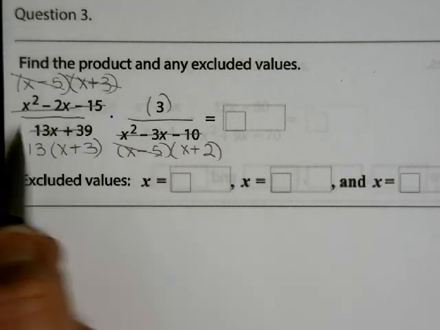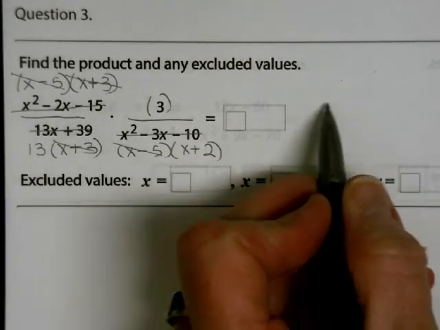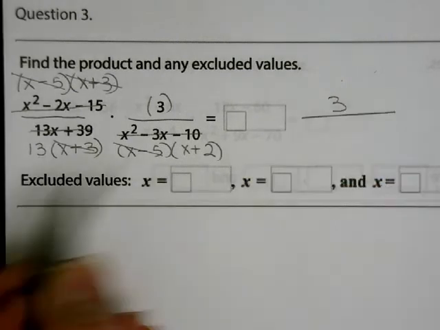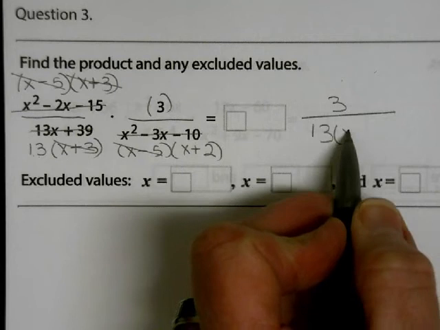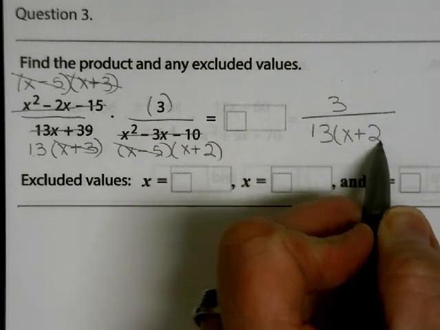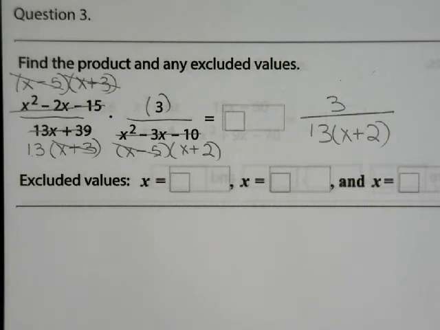All right, here's an x minus 5. Here is an x plus 3. But 3 doesn't go into 13. So I write it as 3 in the numerator, 13 times the quantity x plus 2 in the denominator. I do not want that multiplied out again.